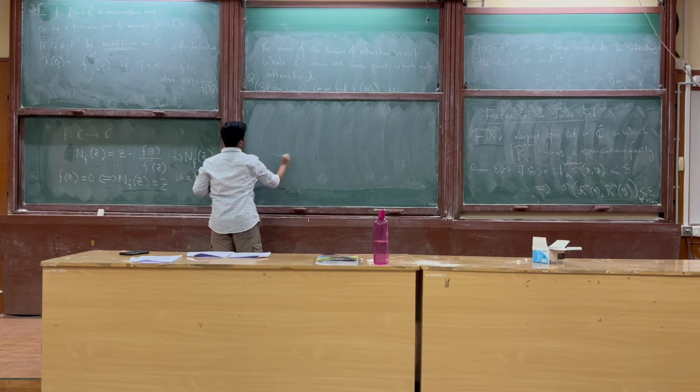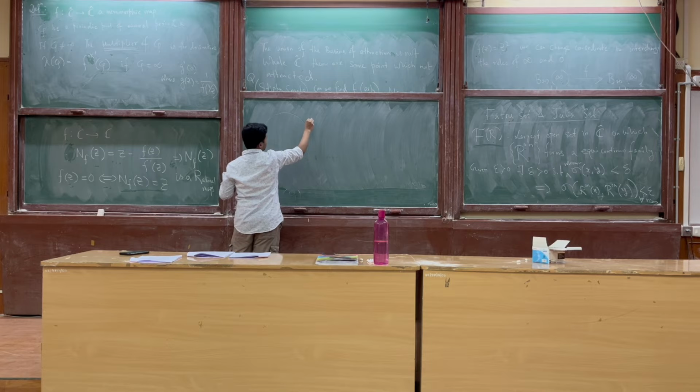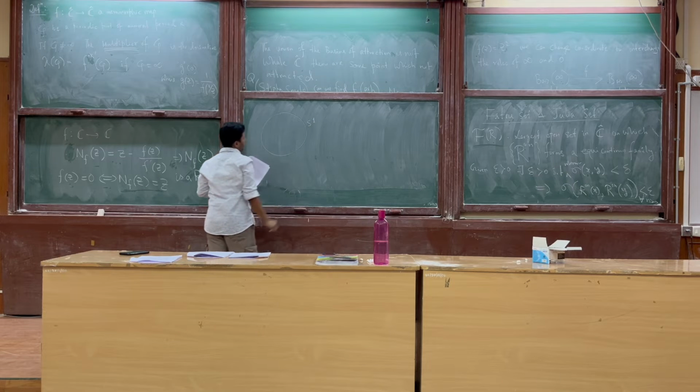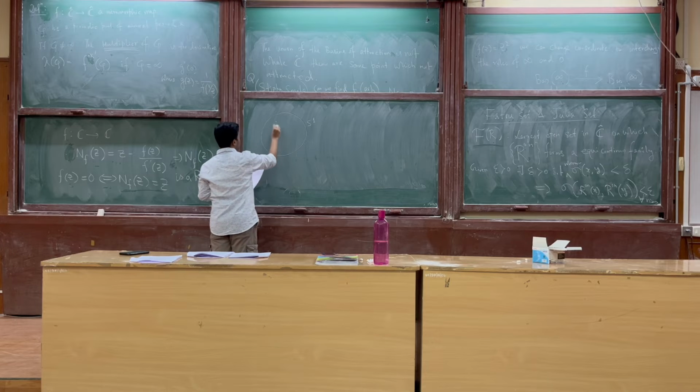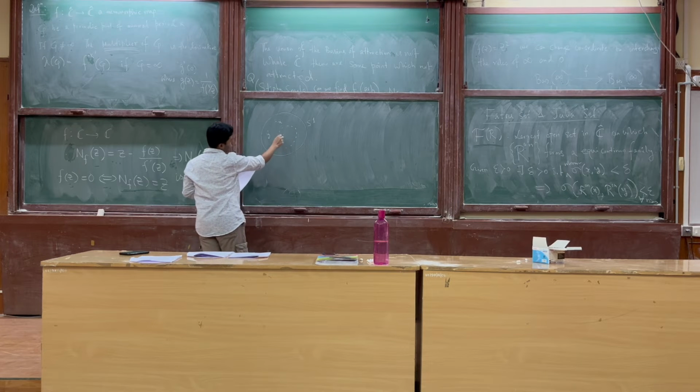So we have a point x here, y here. We iterate, and we have seen that it goes to 0.